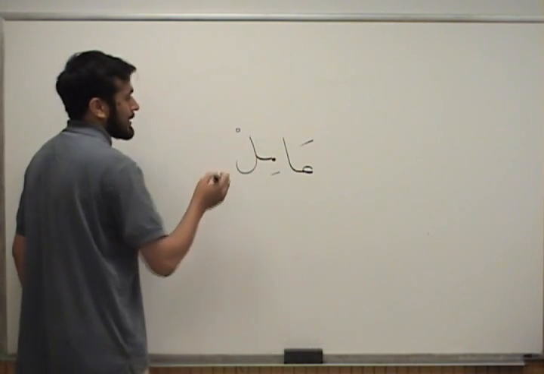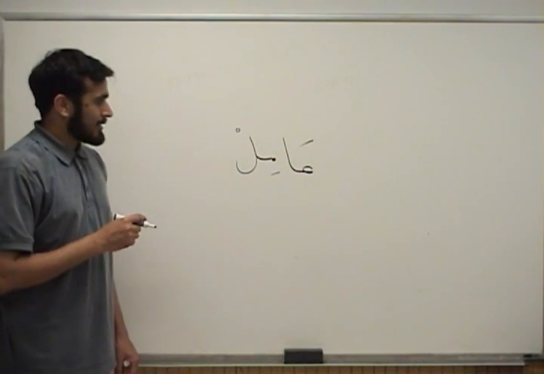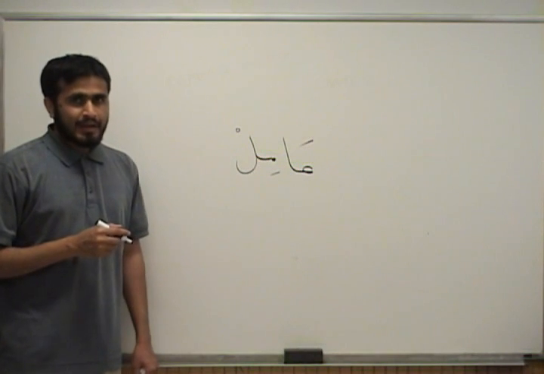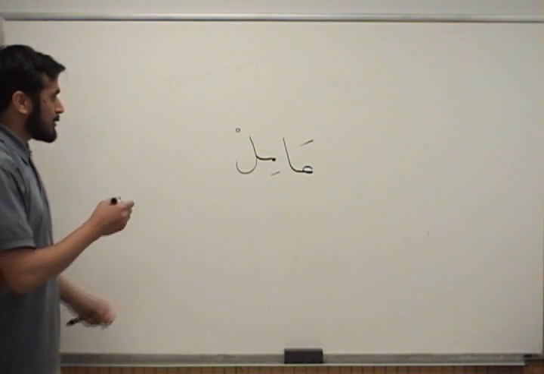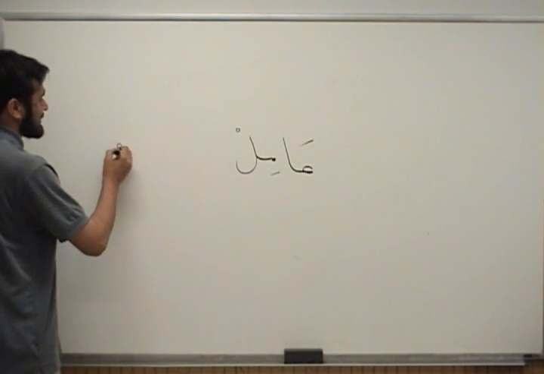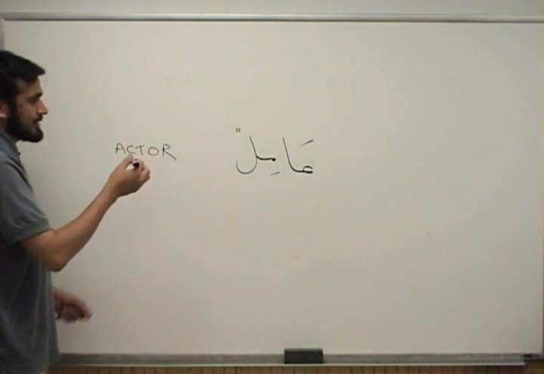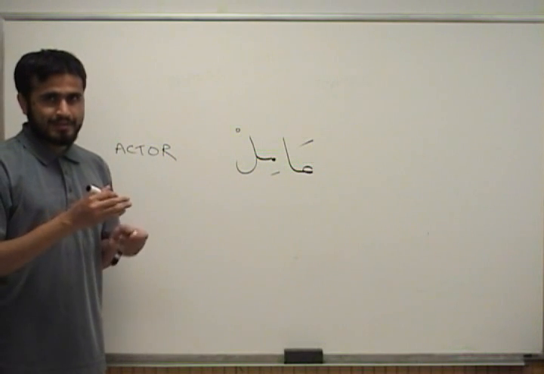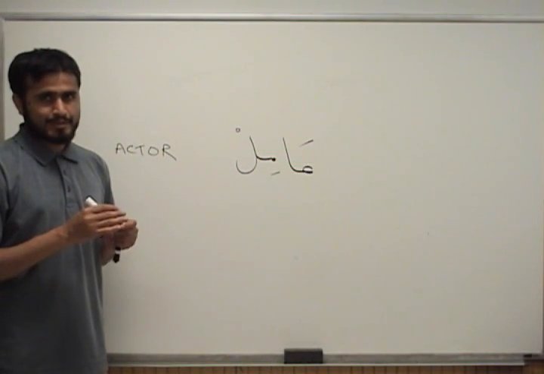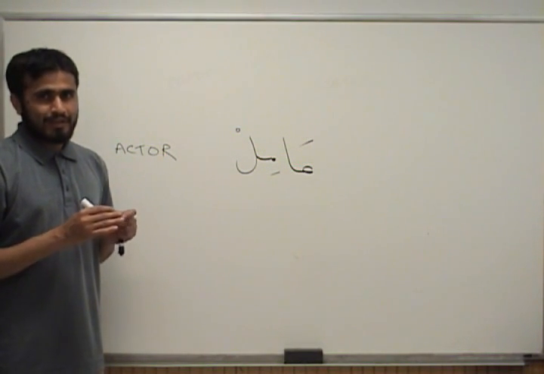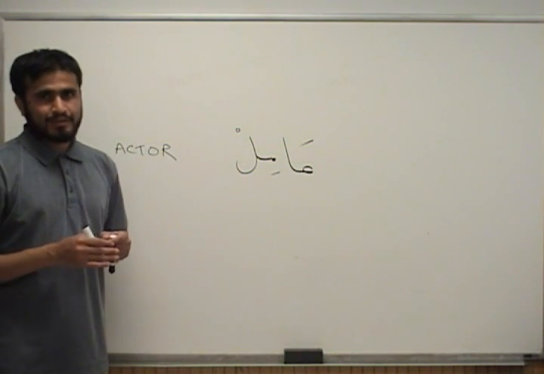Every one of these rafa, nasb, jar, and jazm has an amil, which means basically an actor. This amil causes the rafa, or nasb, or jar, or jazm to be there at the end, and we will discuss this further in the next video.